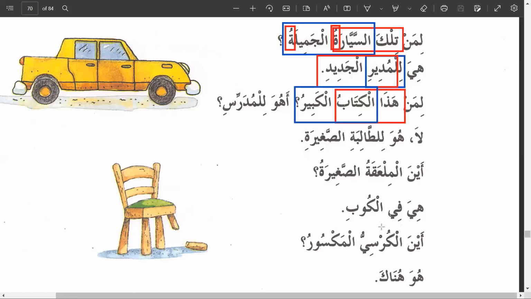It is in the bowl. Here again, referring to what? The bowl or what? The spoon. And why is it hiya here? Because the spoon has ta marbuta. Excellent.